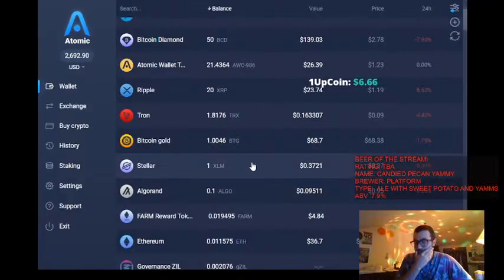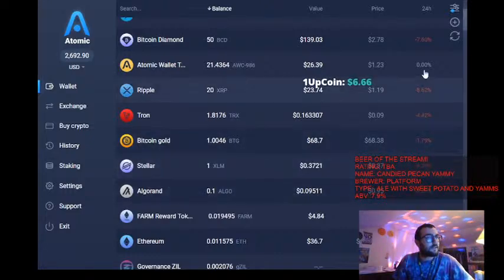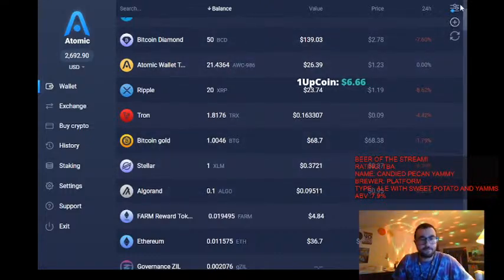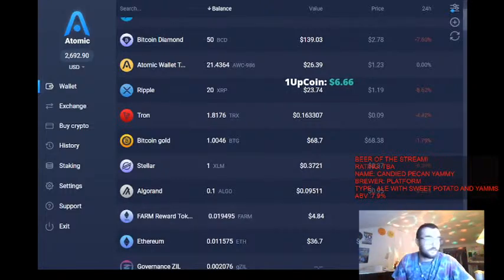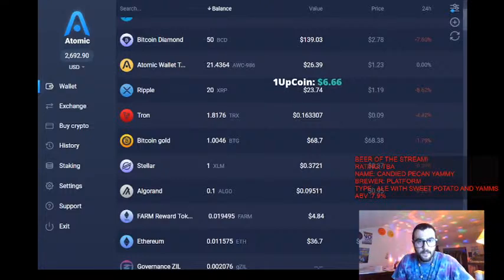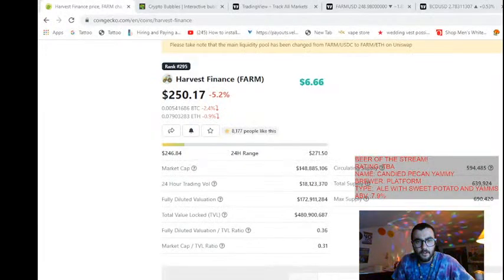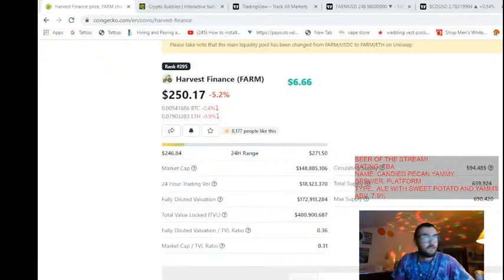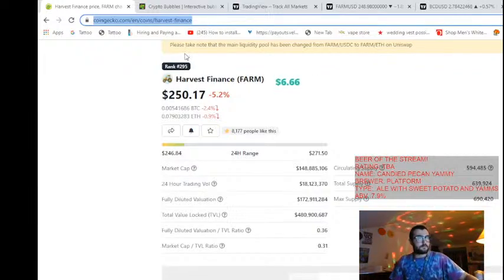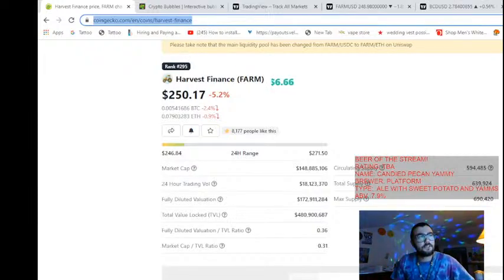So to add the token to your wallet, what you would do is you would go over to the contract address.